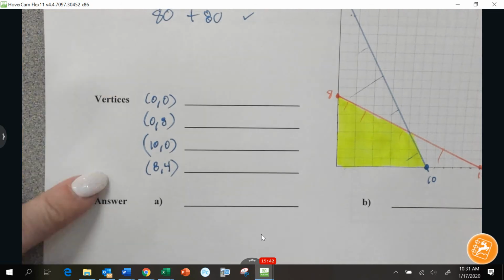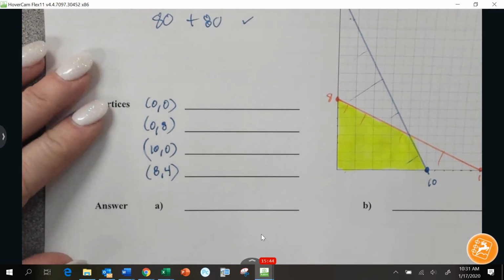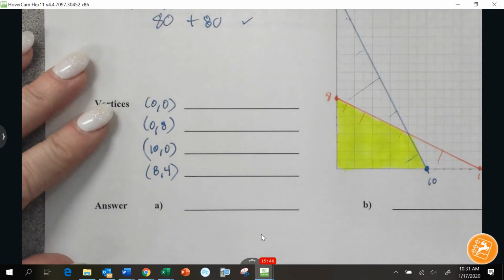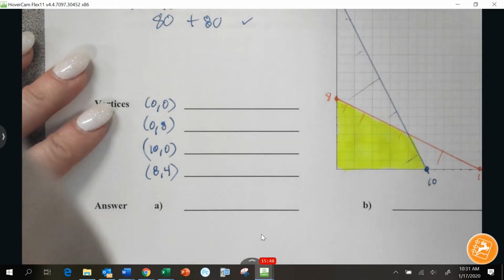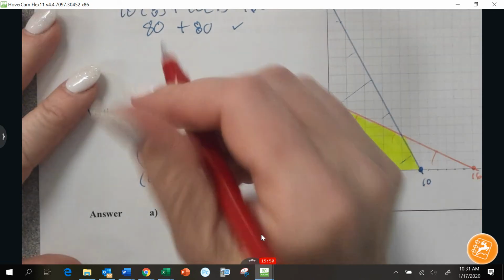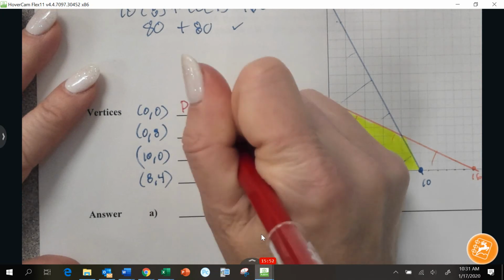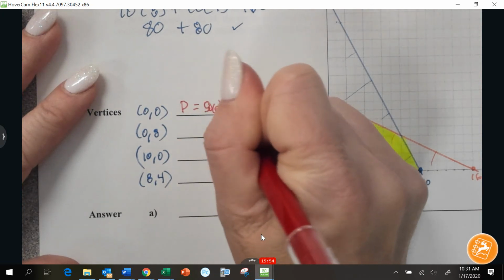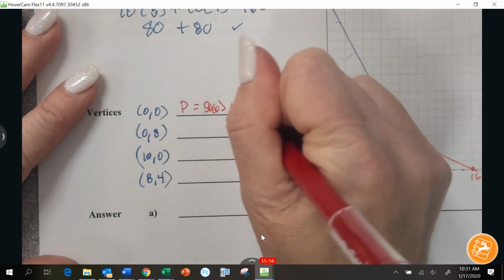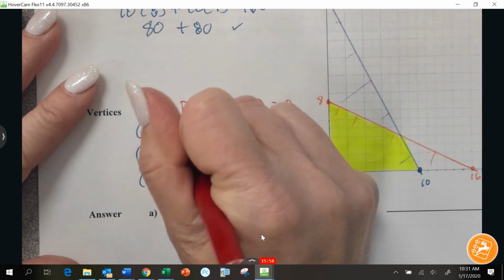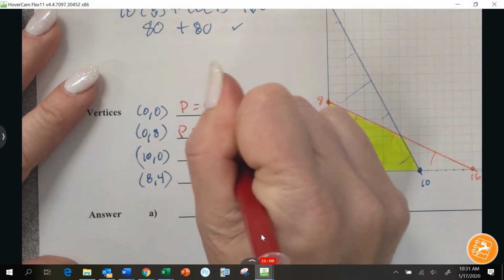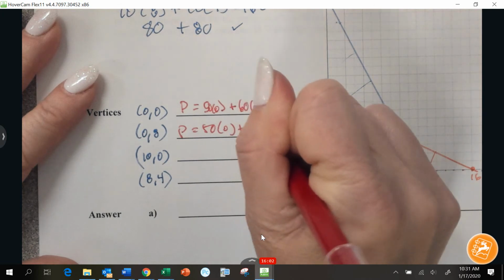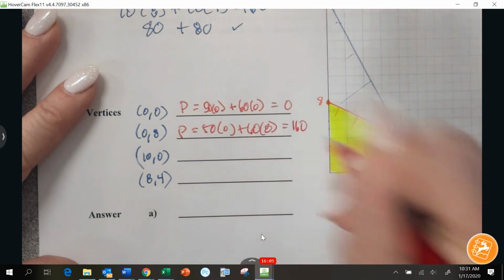We're going to take these 4 vertices, and what are we going to plug them into? The objective, the profit. Okay? So we're going to do 50 times 0 plus 60 times 0, which is 0. 50 times 0 plus 60 times 8 is 160.